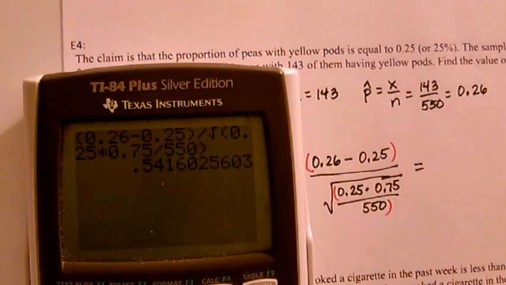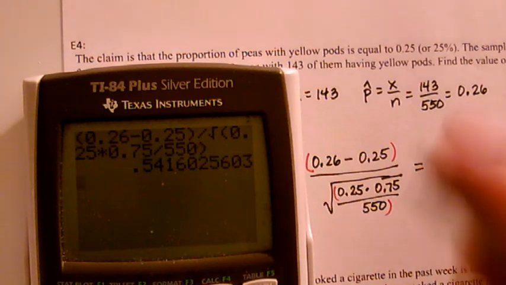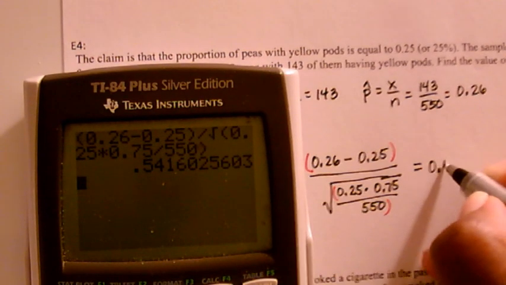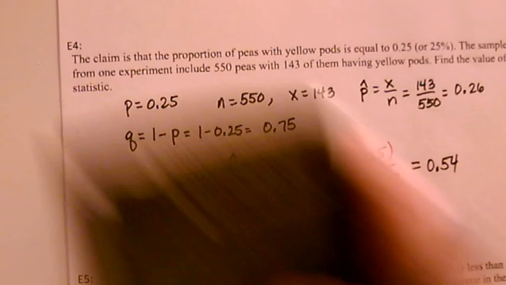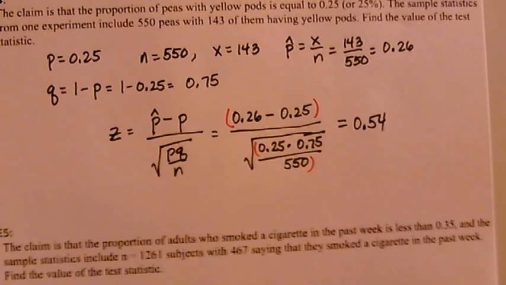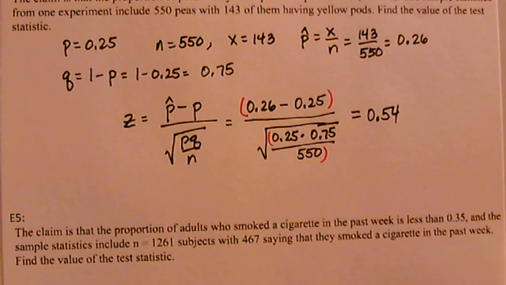The z value we round to 2 decimal places, so this will be rounded to 0.54. So that test statistic from that sample data is going to be 0.54. That's how we calculate a test statistic. In this case, it's for a proportion, so we have to use this formula.